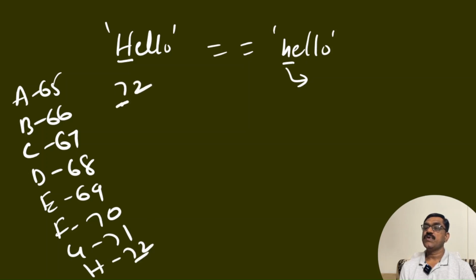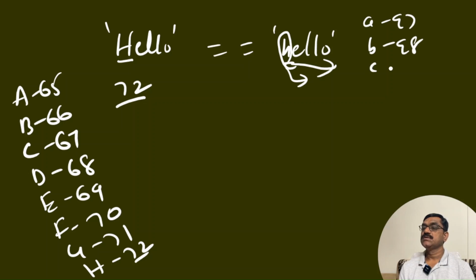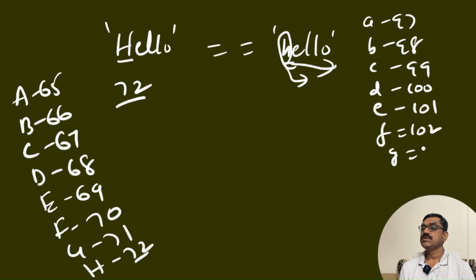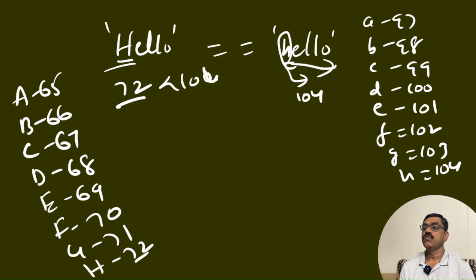It takes the 72 value, but here, we know that small a is 97, b 98, c 99, d 100, e 101, f 102, g 103, h 104. Here the small h value is 104 and capital H is 72. 72 is less than 104.